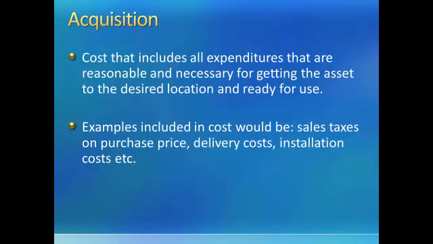This includes transportation costs to get the asset to us, sales taxes, delivery cost, installation cost, etc. Always remember that the cost of a plant asset includes all costs that are reasonable and necessary for getting the asset to the desired location and ready for the intended use.